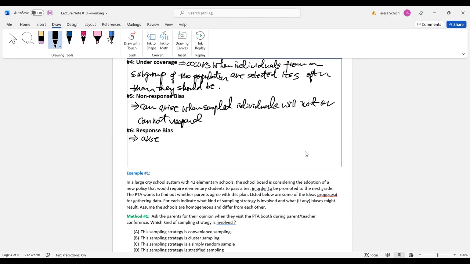This could arise when the respondents answer, and the response might be affected by external influence.